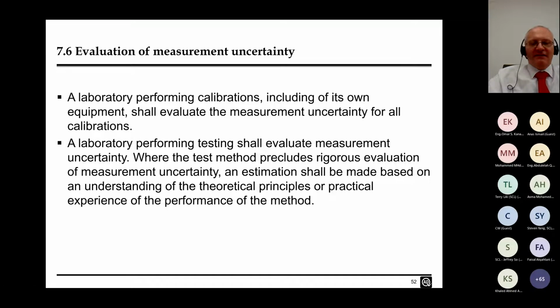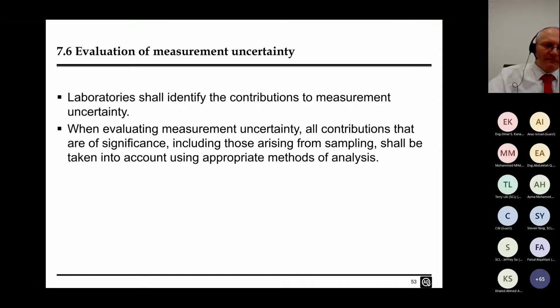If you're doing testing, you should evaluate the measurement uncertainty when you can, but I don't think we have any testing labs here, and I'm definitely not an expert on the testing area. You have to identify the contributions to the measurement uncertainty. You have to identify where they come from.